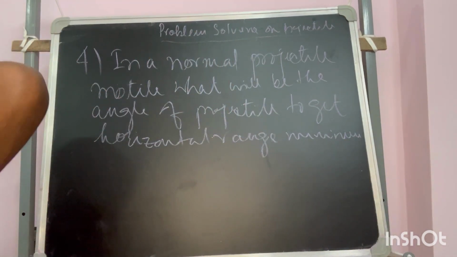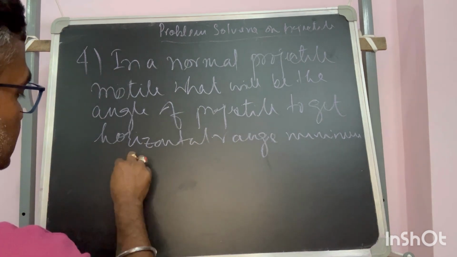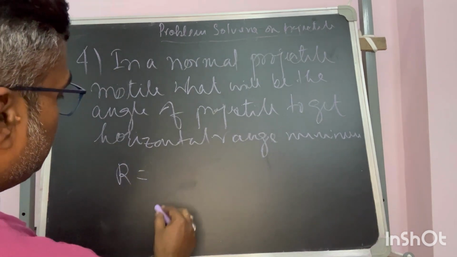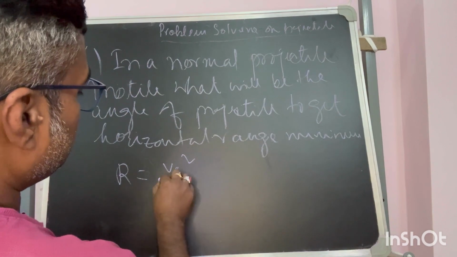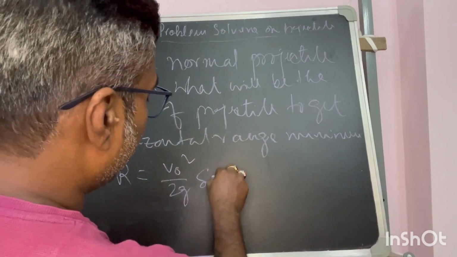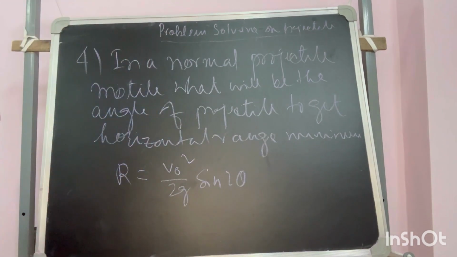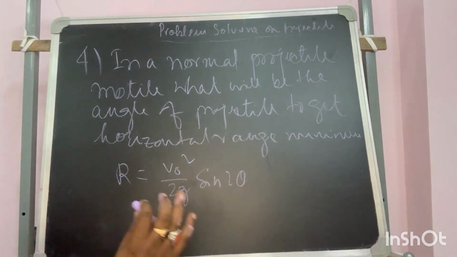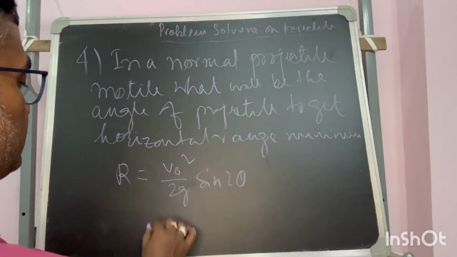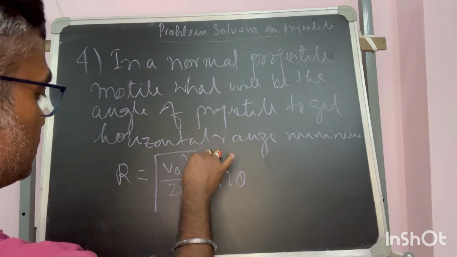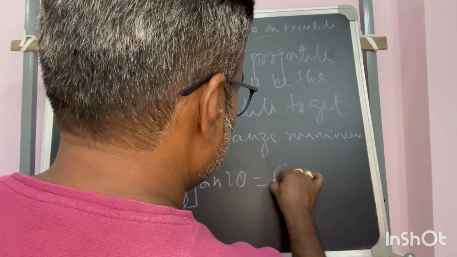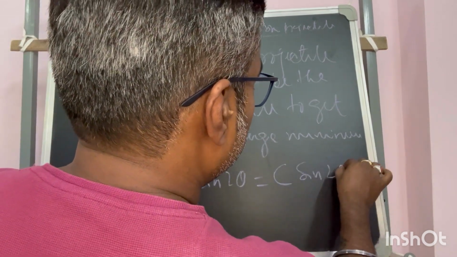Now in the earlier case, if you remember, two problems before I have shown, the range can be expressed with the formula v0 squared by g into sine of 2 theta. Now there I have explained, for any particular motion, v0 can be considered as a constant. So this part is your constant, and this can be written as proportional to sine 2 theta.